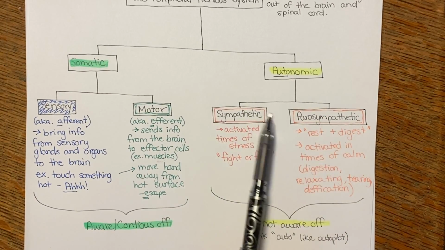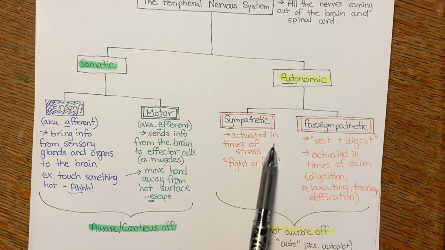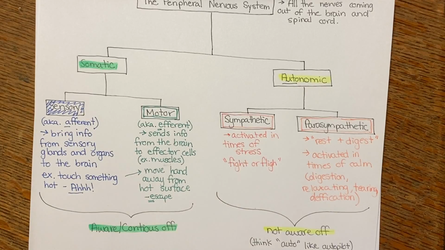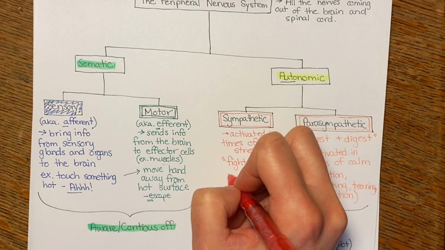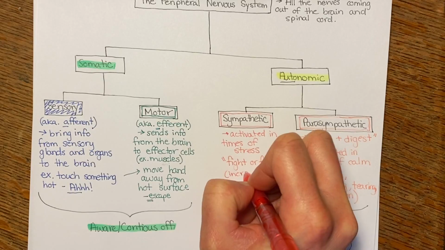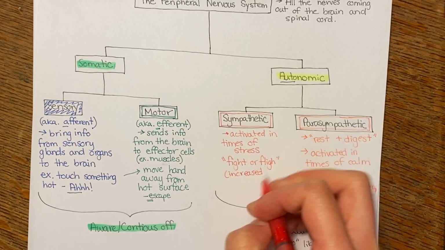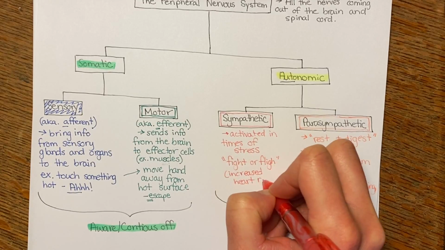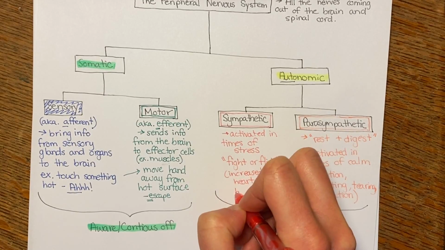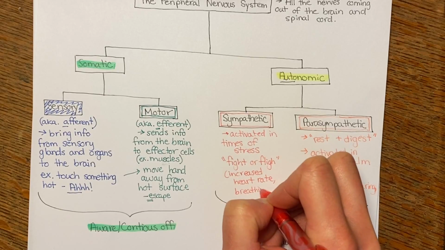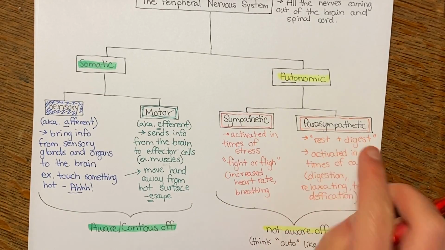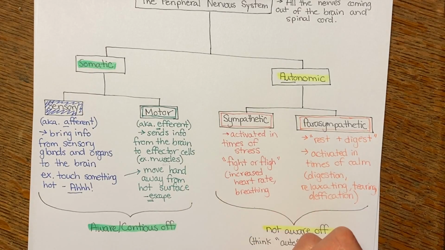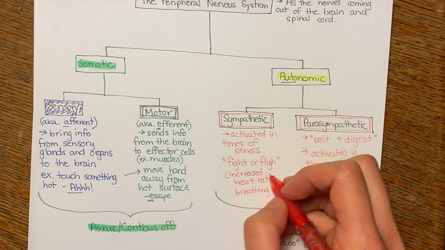Your autonomic is broken down into sympathetic and parasympathetic, so times of stress versus times of calm. Your fight or flight is like increased heart rate, breathing rate, that kind of thing. Versus your rest and digest of your parasympathetic system, is when digestion occurs and when you're relaxing, things like that.